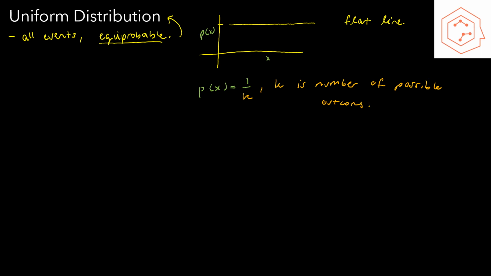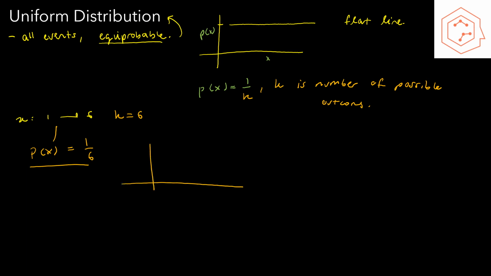So in the example of rolling a 6-sided die, we had 6 possible outcomes, 1 through 6. So in that case, k was equal to 6, and we knew by intuition that every single side is equally likely to be landed on. So p of x for each one of these sides is equal to 1 over k, which is equal to 1 over 6. So my graph for rolling a 6-sided die, where this is x, my probability is 1 over 6. Every single value from 1 to 6 has a probability of 1 over 6.